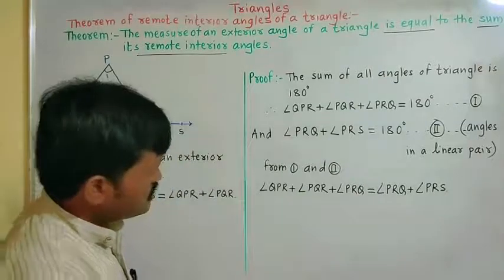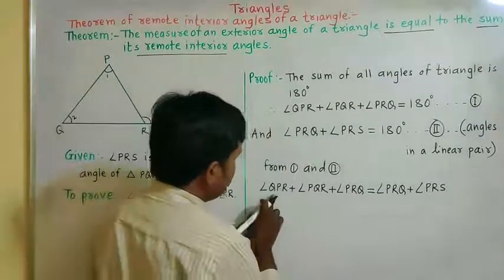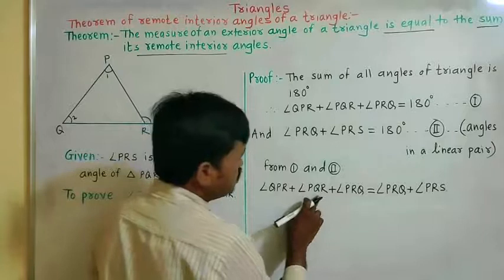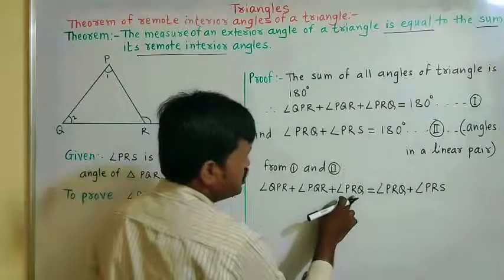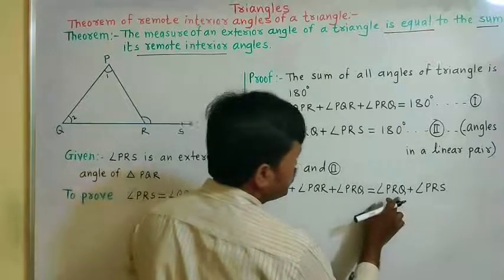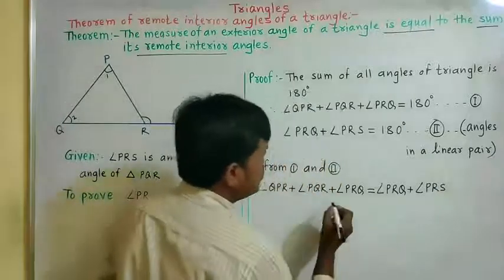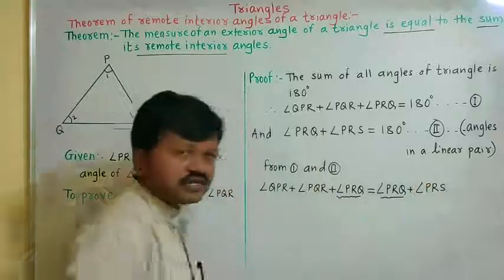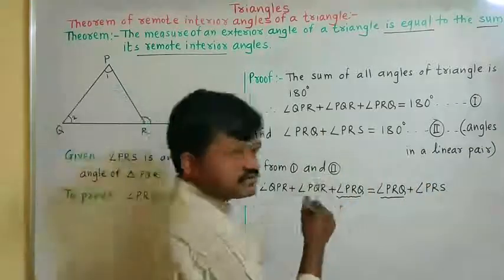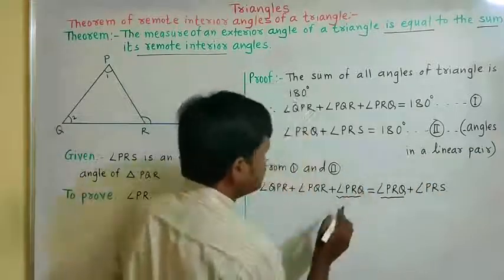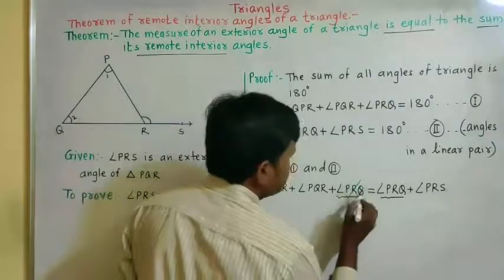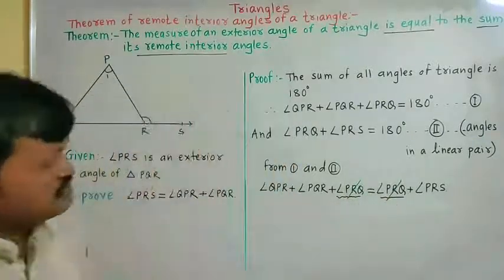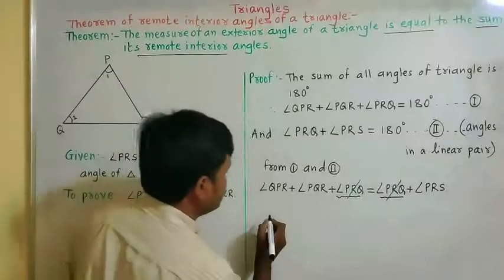Now observe this. On both sides, angle QPR plus angle PQR plus angle PRQ is equal to angle PRQ plus PRS. Here angle PRQ and PRQ on both sides are the same, so they get cancelled. I write the remaining part.